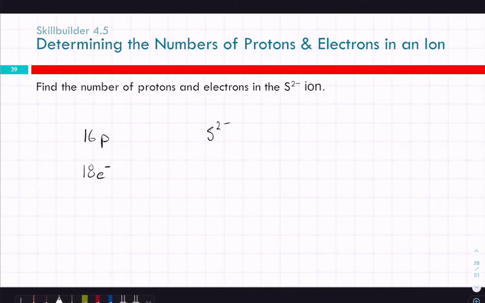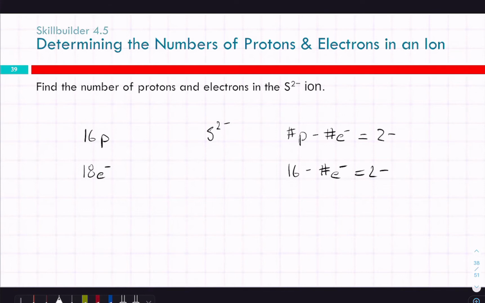You could write it out a little bit more formally if you prefer, because it's the number of protons minus the number of electrons, and we know that has to equal 2 minus. We also know that we have 16 protons minus the number of electrons equals 2 minus.